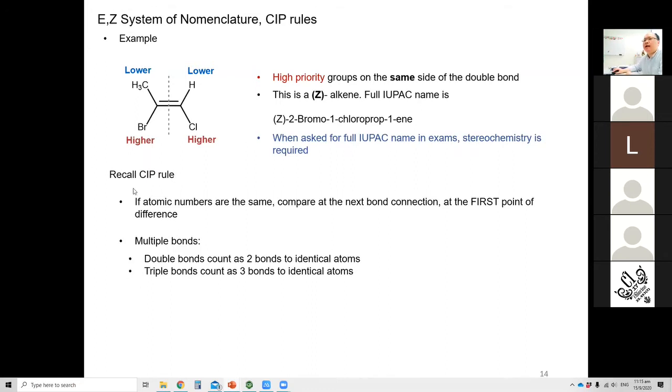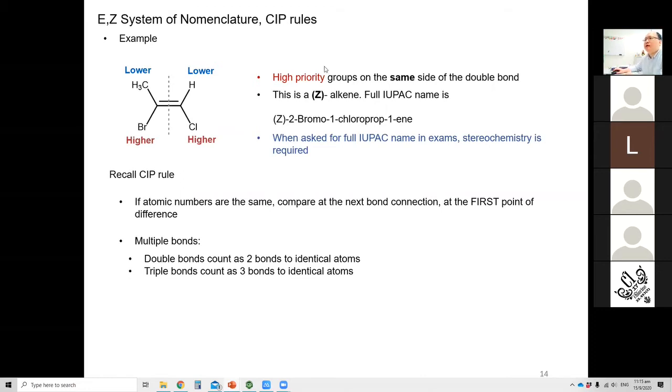If you recall the CIP rules, we also have some extensions we just learned. If atomic numbers are the same, compare at the next bond connection, at the first point of difference. Basically, you figure out what's on each carbon, is it CCC or CHH or HHH, then compare them one by one from the biggest.